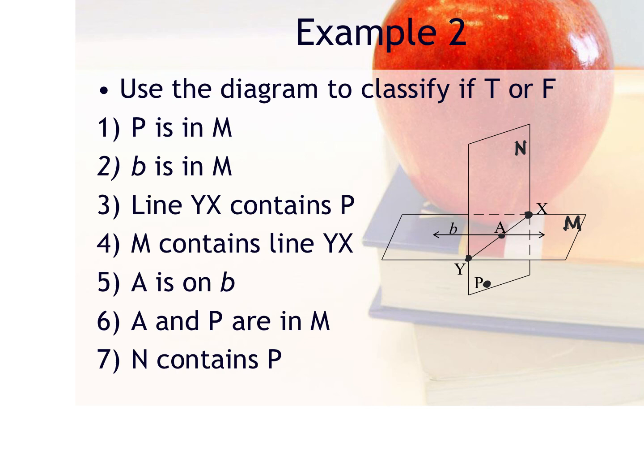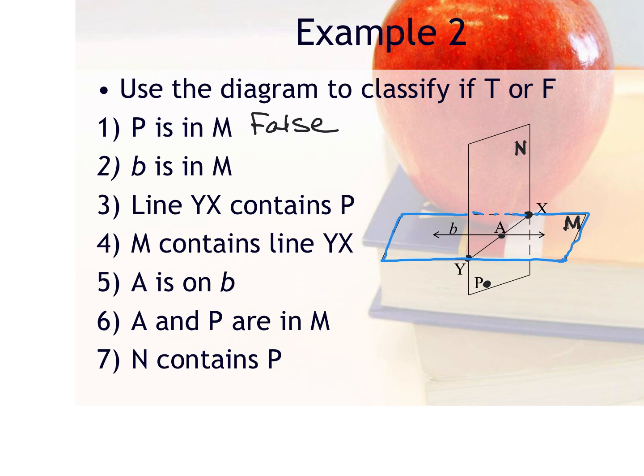So number one, is point P in plane M? That is false. Good. Because I can outline plane M. Plane M is right here, and you can see that P is not in M. Yes? That lowercase b, that's just the name for the line, right? Correct. Good.